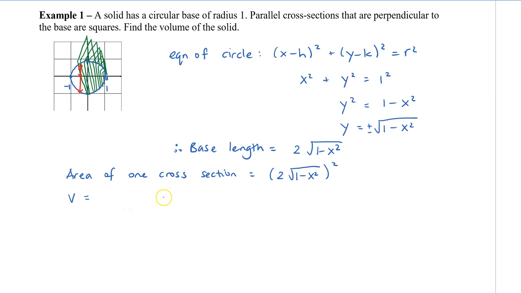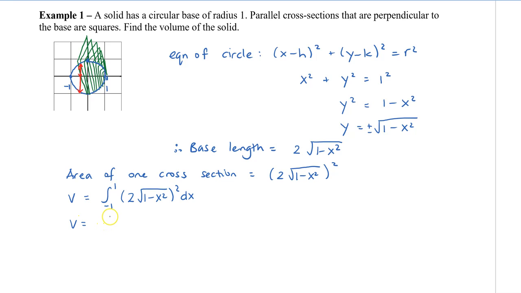The area of one cross section is going to be (2 root(1 - x^2)) squared, times the width of that slab, which is dx. And then we're going to integrate this from -1 to 1 to get all the different sizes of squares that make up this volume. So we're going to put the integral from -1 to 1.